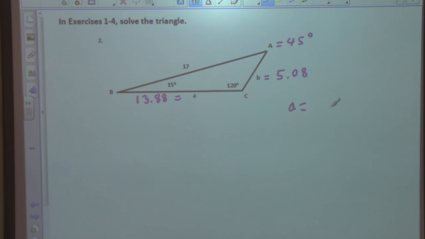So little a equals 17 sine 45 degrees over sine 120. And for little b, I just used C again, and I did 17 times sine 15 over sine 120.